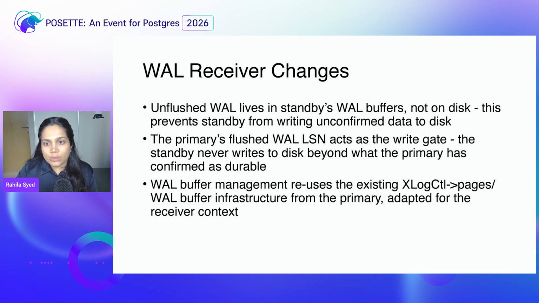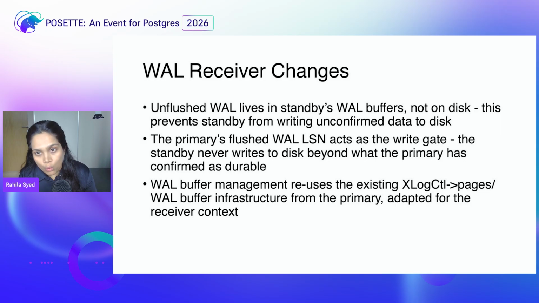So now let us quickly look at the wal receiver changes. Since the wal receiver currently receives the wal records and does not buffer them, it writes these wal records directly to disk. We need a mechanism to hold off writing the wal records to disk until the flush has happened on the primary.